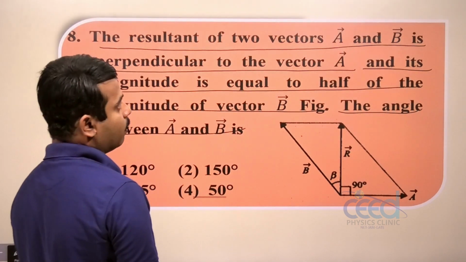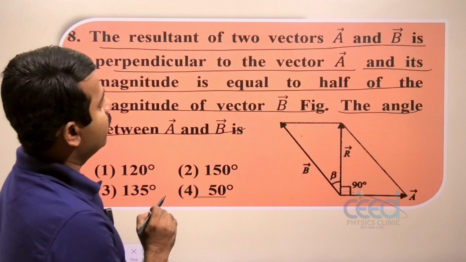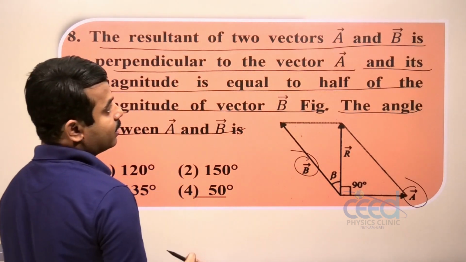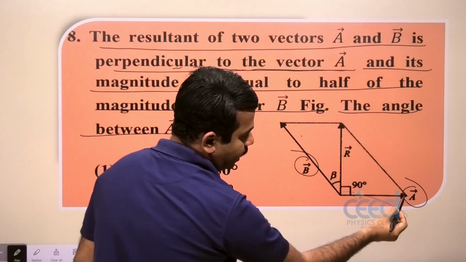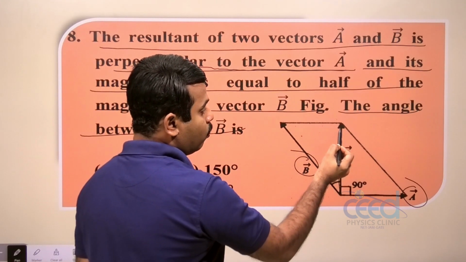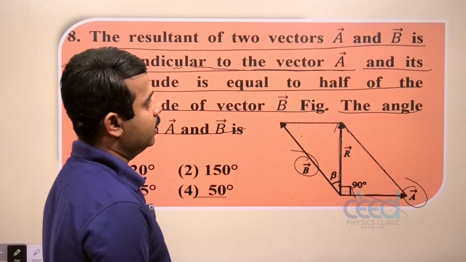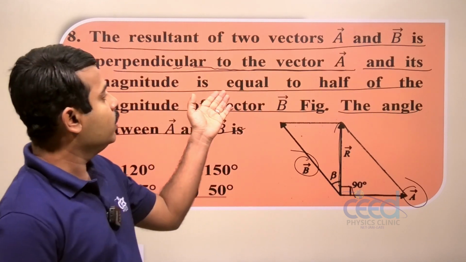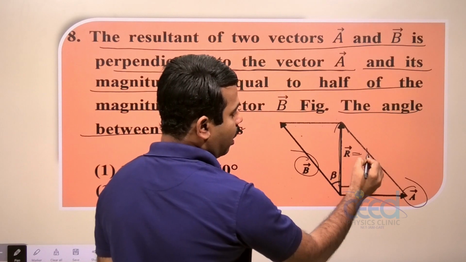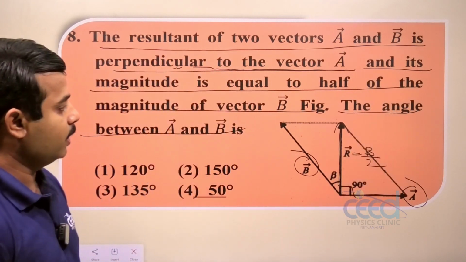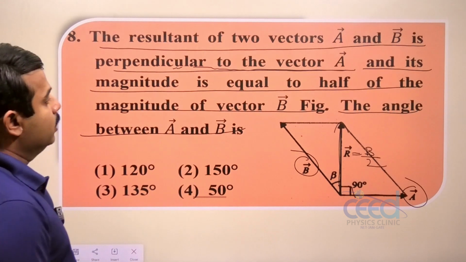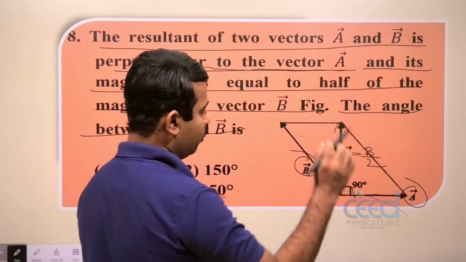See, look here, the statement says the resultant of A and B. This is our A, this is our B. The resultant is perpendicular to the vector A. The resultant always acts between A and B, and here it is perpendicular to our vector A. Now the second statement: its magnitude is equal to half of the magnitude of vector B. The resultant is equal to half of the magnitude of B. The angle between A and B I want to find.